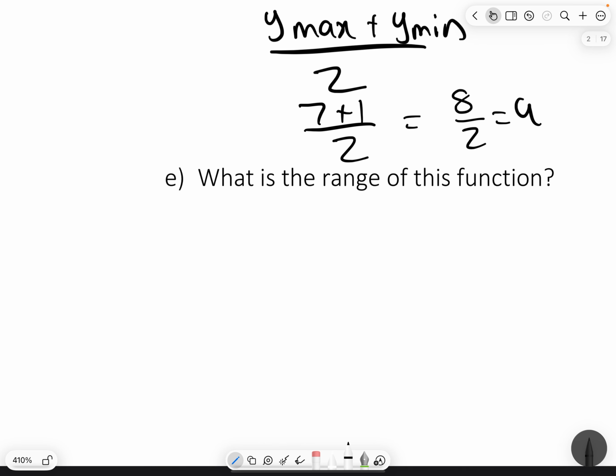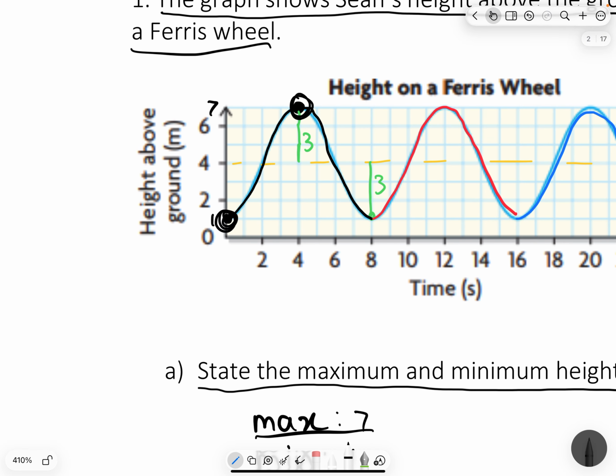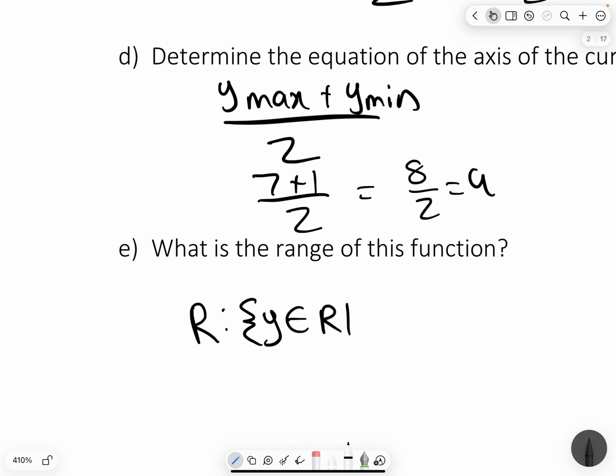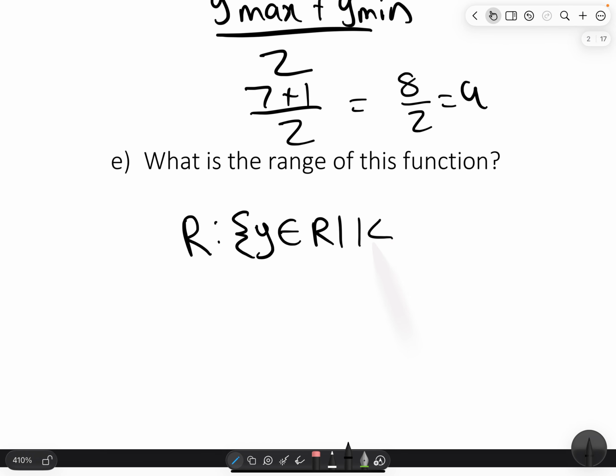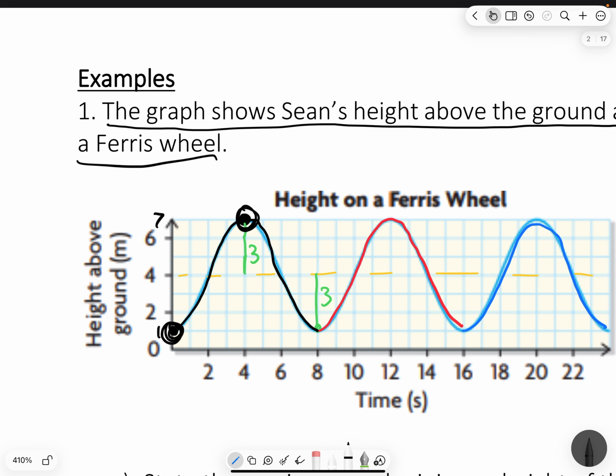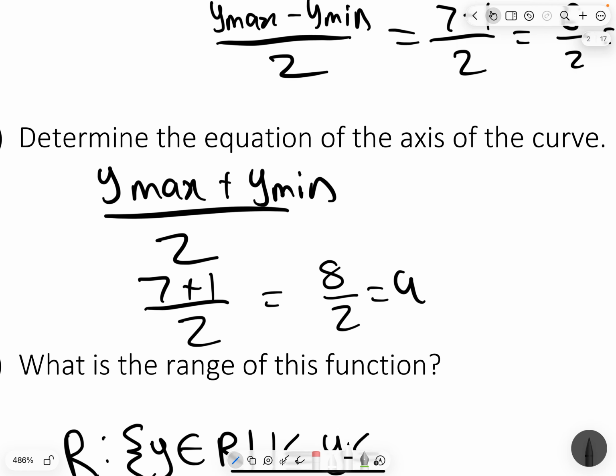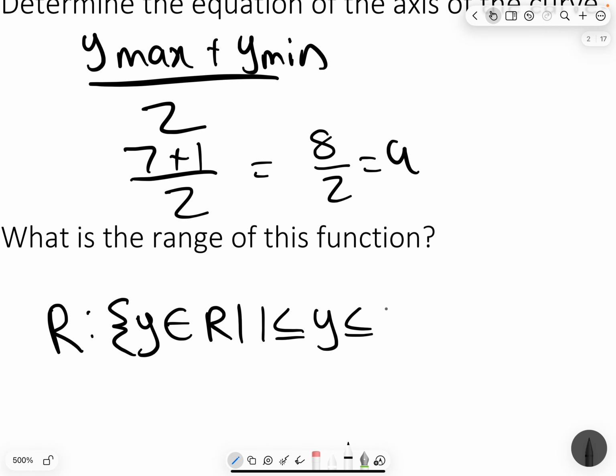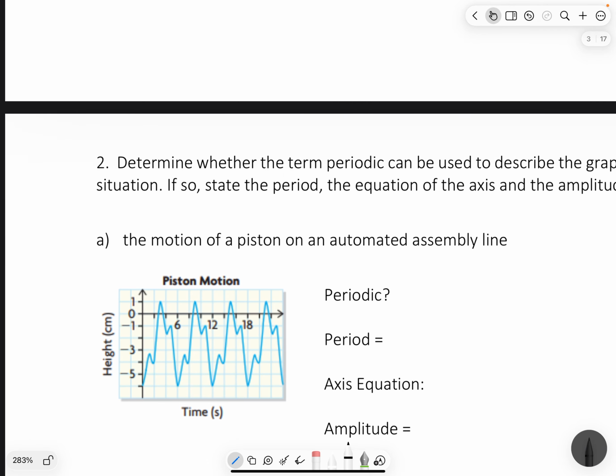So we write range is, you put a colon. Range is always applied to y, so you do y is from real numbers, where 1 is less than or equal to y, or y is between 1 and 7, so y is less than or equal to 7. And that's it. We're done for that part.